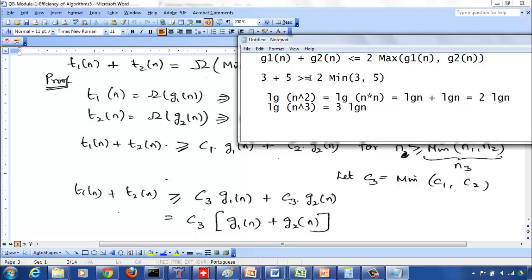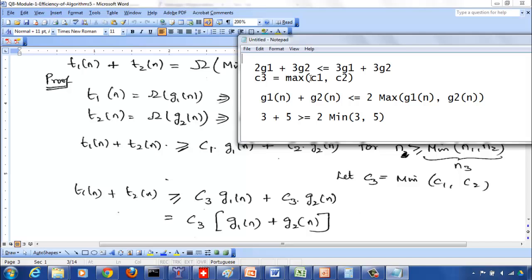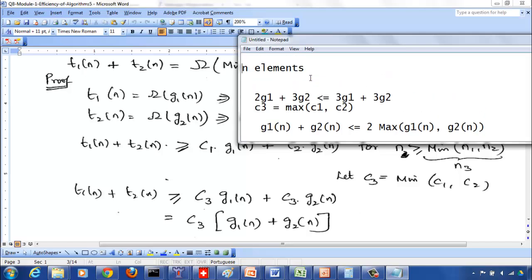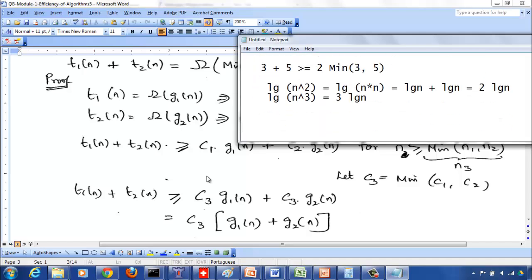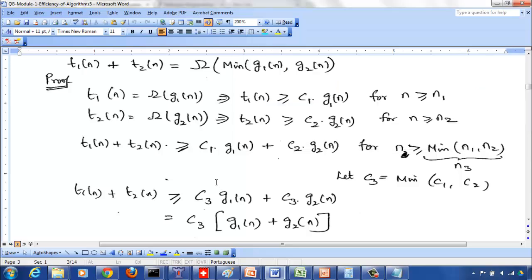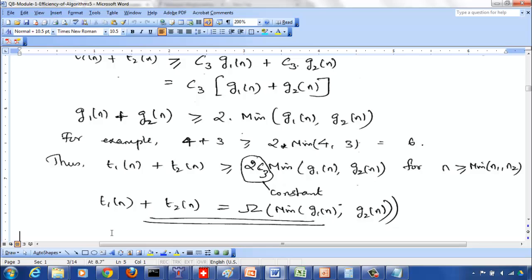So I can take my c3 out: c3 times g1 plus g2, and g1 plus g2 is going to be greater than or equal to twice the minimum of g1 and g2. Just like 4 plus 3 is greater than or equal to twice the minimum of 4 and 3.